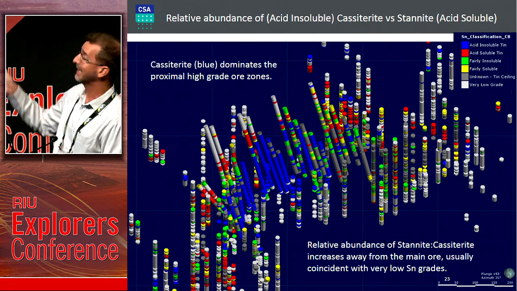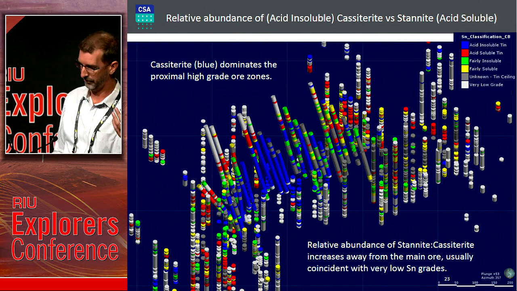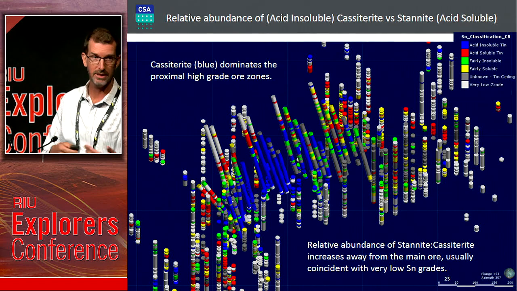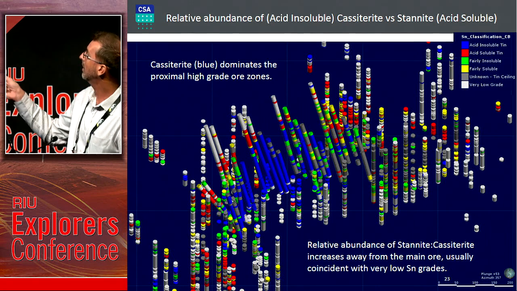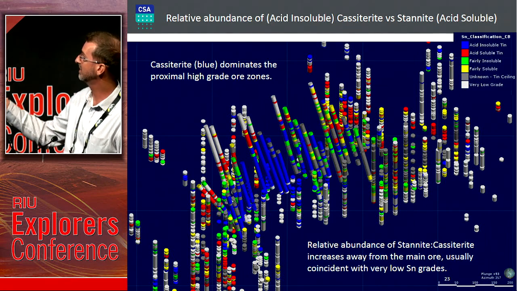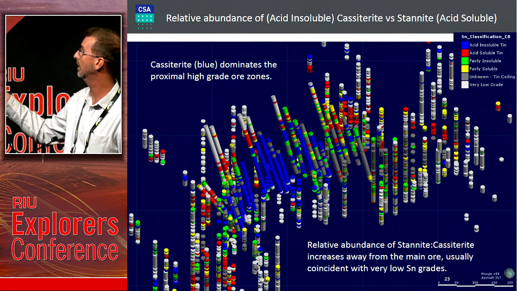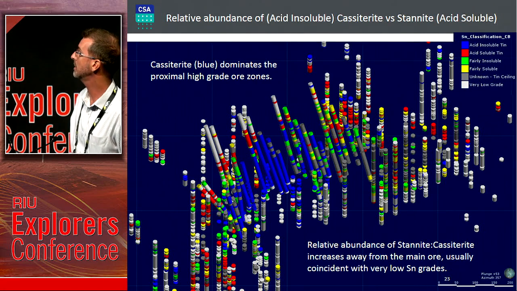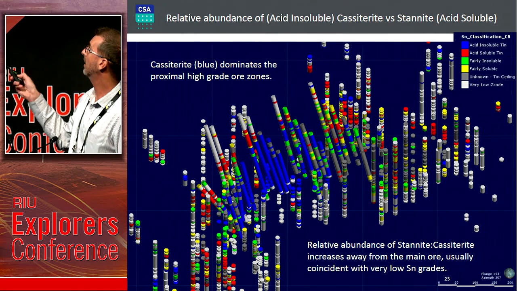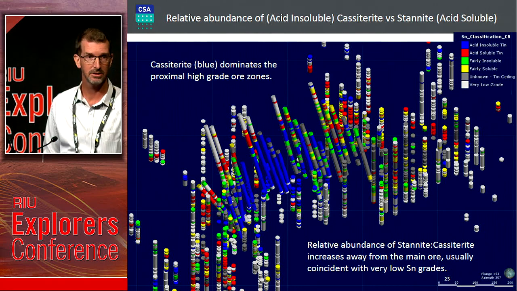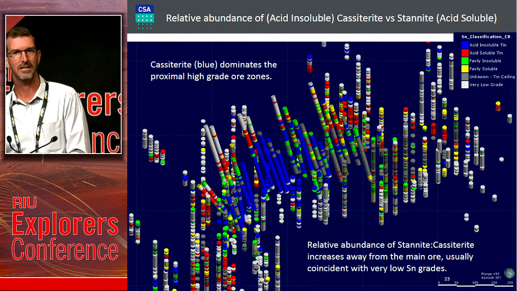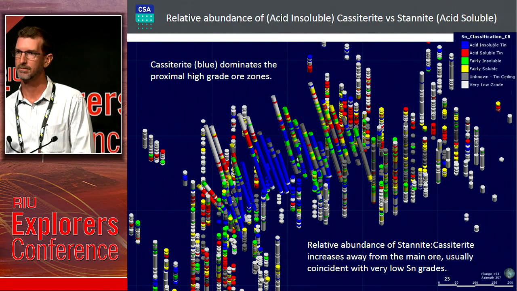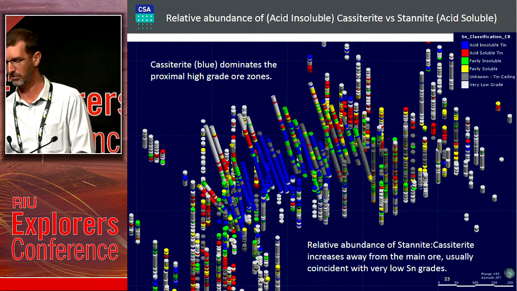Here, what we were able to do, again, using a combination of the 4-acid geochemistry, which we did routinely throughout the system, and the client's fusion XRF geochemistry, we can map the relative abundance of cassiterite here in blue, which is the good high recovery mineralisation, through to stannite, which is enveloping the outside of the deposit, thankfully coincident with very low grades of tin and isn't impacting the overall tin grade in terms of recoverable tin through the plant.